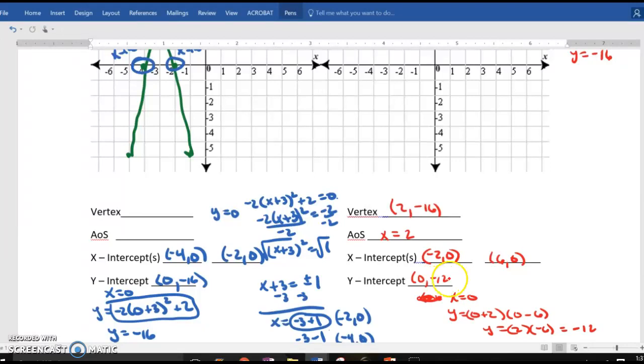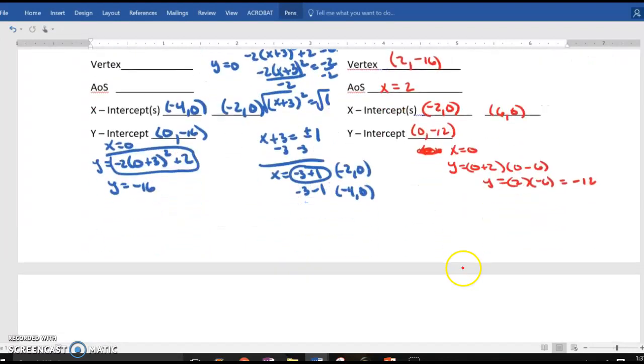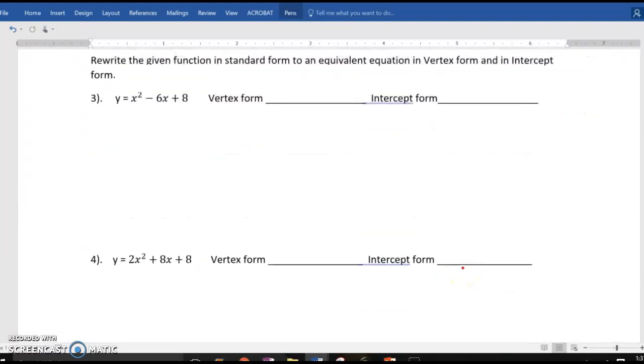So 0, negative 12 is your y-intercept. All right. Those are important for the exam, so make sure you know how to do them. Now the next one, vertex form. Remember, this is a times x minus h all squared plus k.